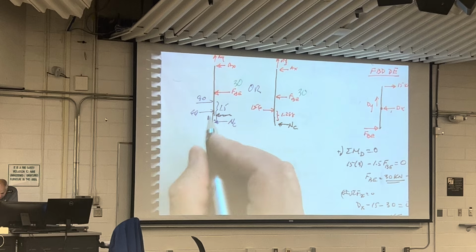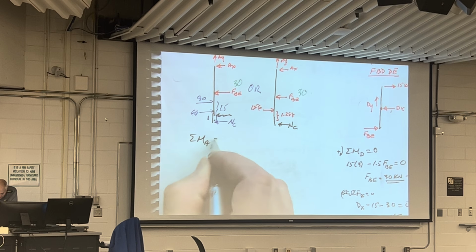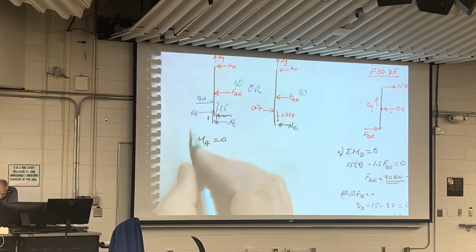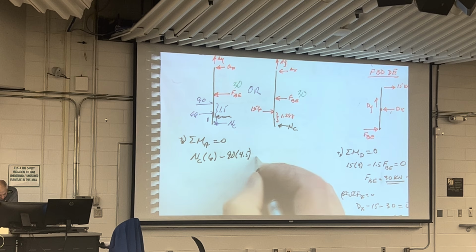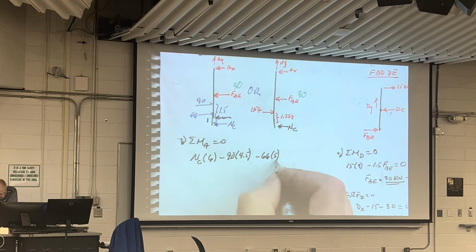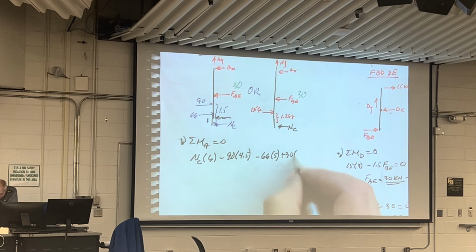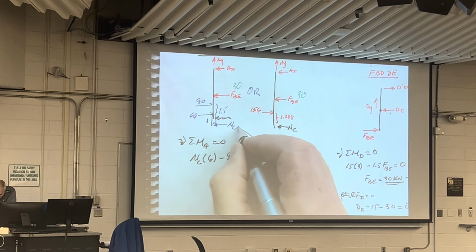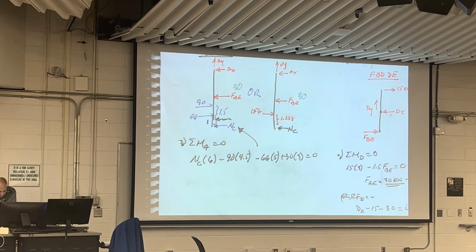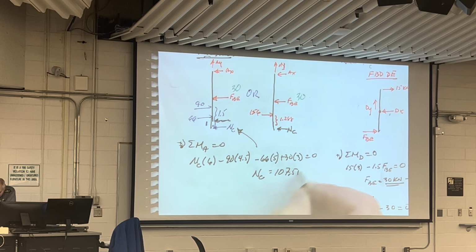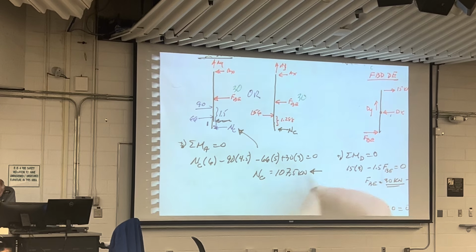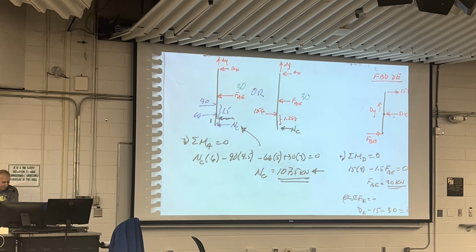So over here, I can say, let's do a sum moments about A equals 0. I'll take clockwise positive. That's going to be NC times 6 minus 90 times 4.5 minus 66 times 5 plus 30 times 3 equals 0. I'm using, of course, that free body diagram. So that NC is equal to 107.5 kilonewtons. I got a positive answer, so it is indeed going to the left.